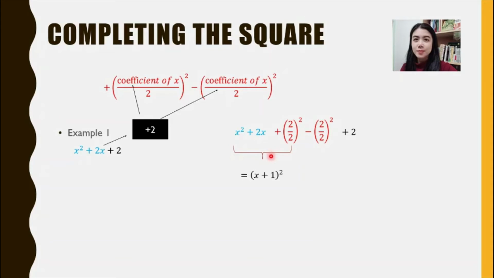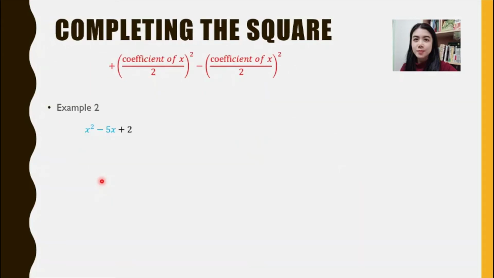Just take the 1, put it here, and put a bracket and a square for it. Then we look at the constant: you have minus 2 over 2 squared, which is minus 1, plus 2, so you have a positive 1. So this is the answer for completing the square for this example.